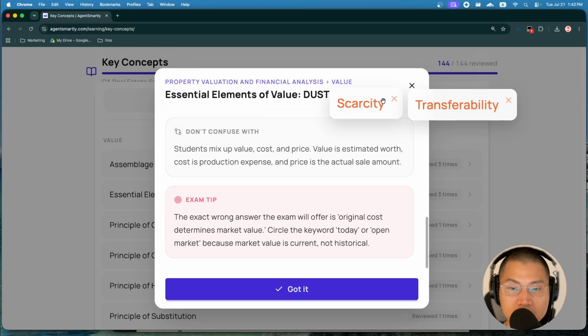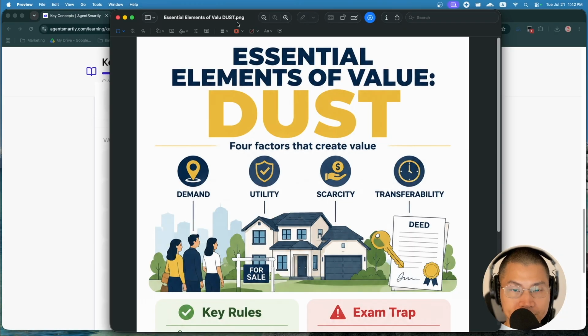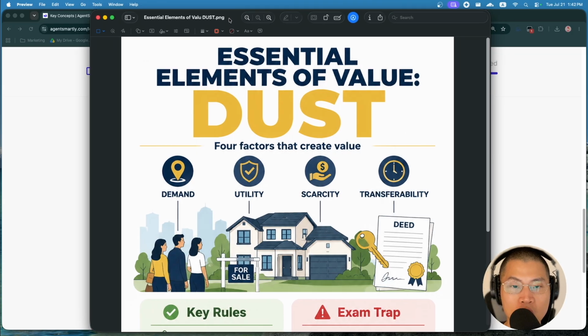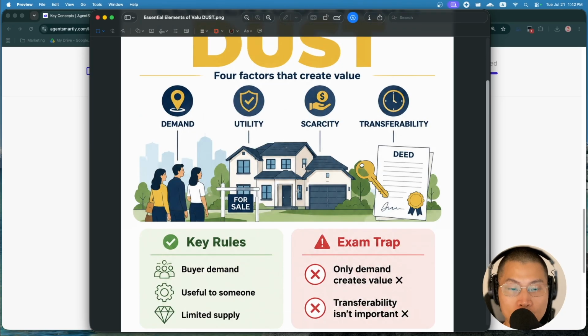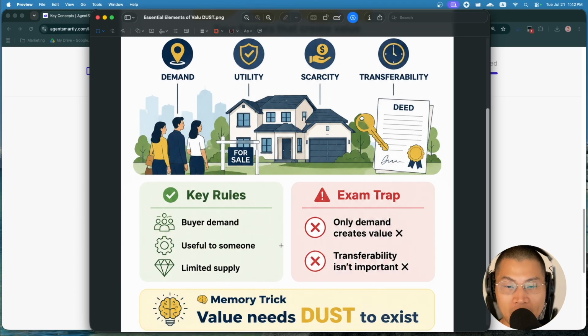Okay, so now let's summarize what we have just learned with this infographic. Essential elements of value, DUST. Once again, the four very important aspects are demand, utility, scarcity, and transferability. We already discussed those, right? So for the key rules: buyer demands, useful to someone, and limited supply.